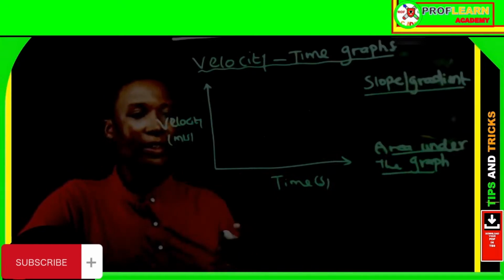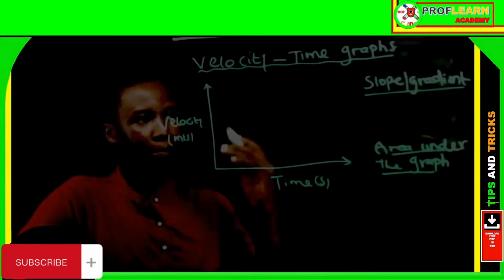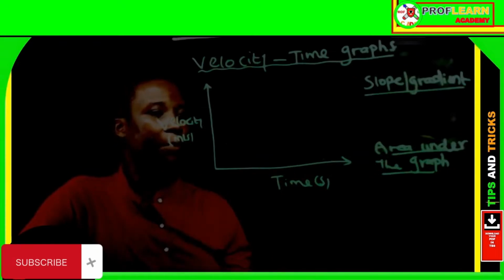We're going to see different graphs, and each of them is going to have these features: the gradient, and also we can work out the area under the graph.